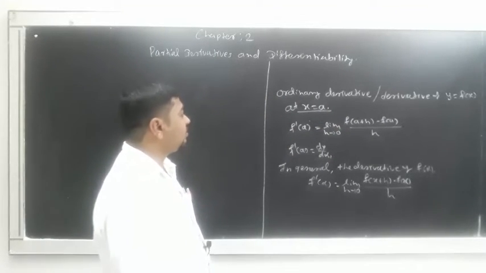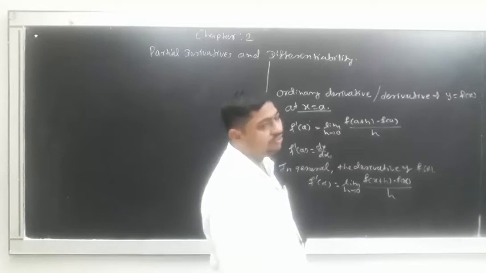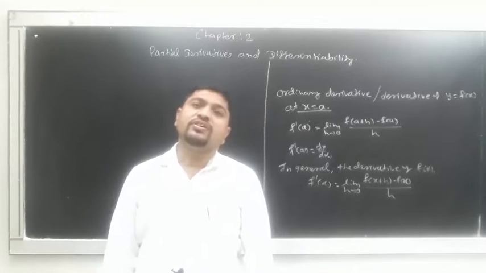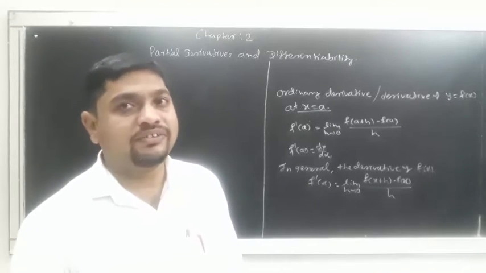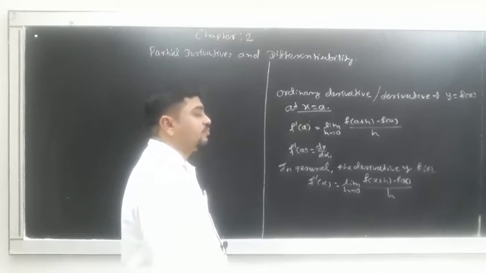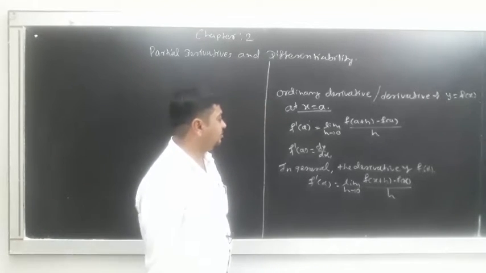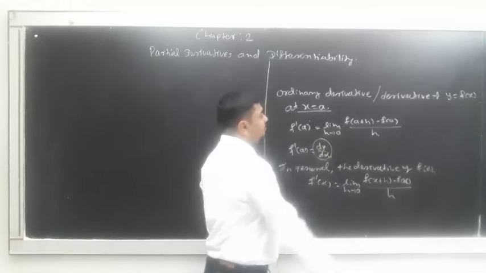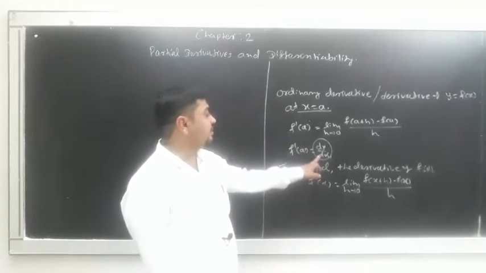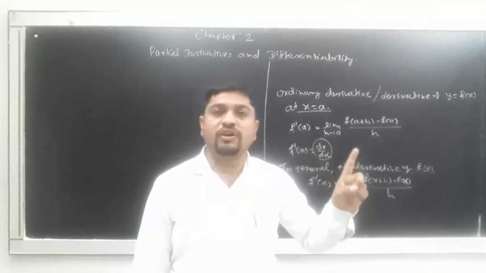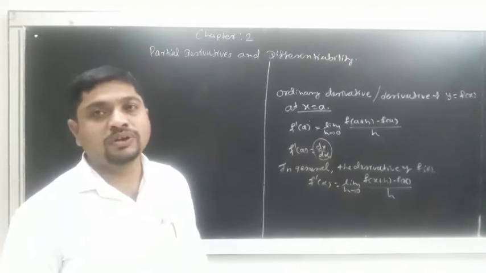So this is the ordinary derivative. What is the geometrical meaning of this? It is just the slope of the tangent, and it is nothing but our dy by dx. dy by dx means the rate of change of y with respect to x.